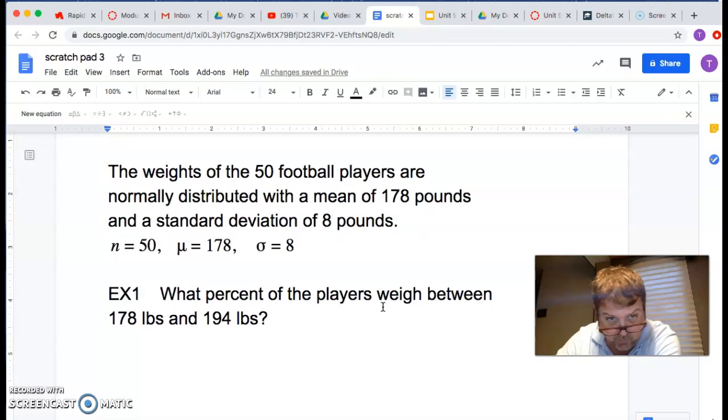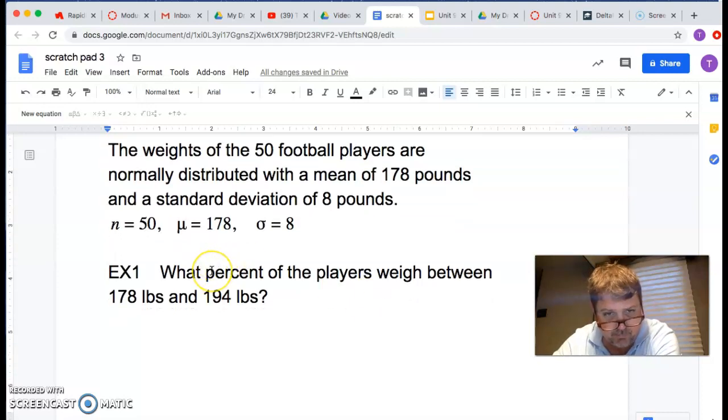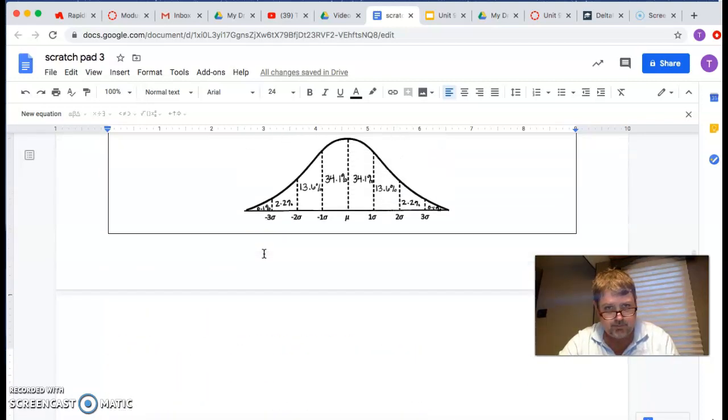And we'll go right up here and take a look at this problem. It says, what percent of players weigh between 178 and 194? Okay, so 178 is the mean. And if we take 194 and subtract 178, we'll find that that's 16. So we're talking about 2 standard deviations from the mean. Let's look at our little chart.